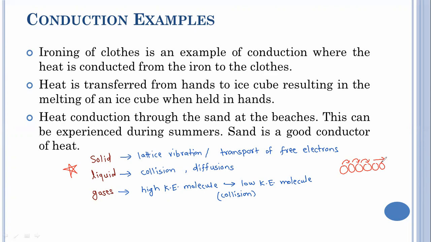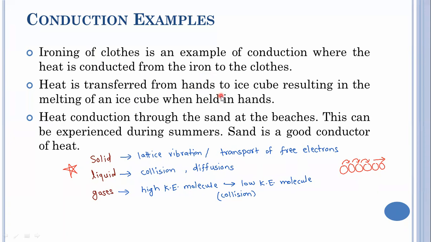So what are different practical examples of heat conduction? Ironing of cloth. How is heat flowing? Heat is conducted from your iron to the cloth. Iron and cloth are in physical contact, right? Second, heat is transferred from hands. Let's say you have an ice cube in your hand.